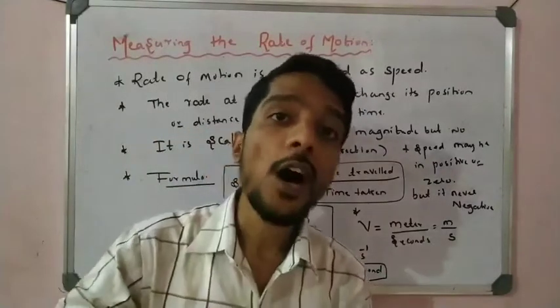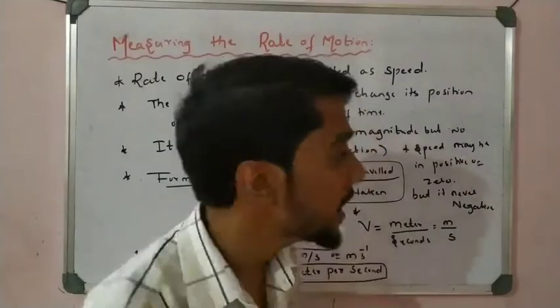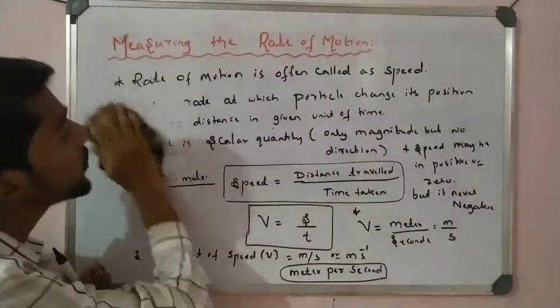So in that case, what is the speed of our bike? What is the speed of the particle? That is what we call the average speed.